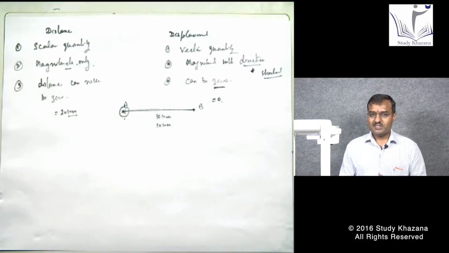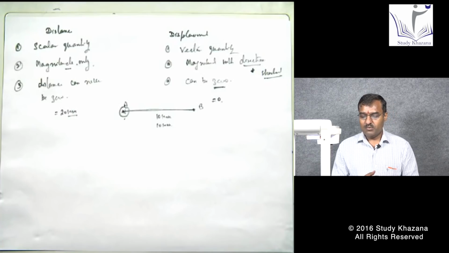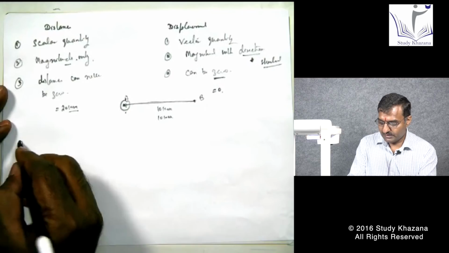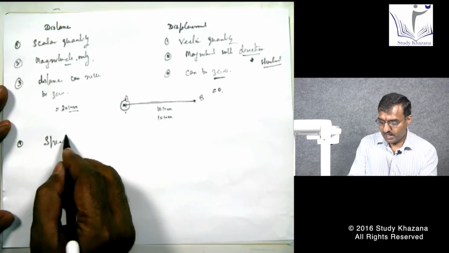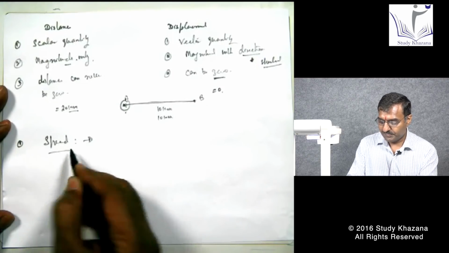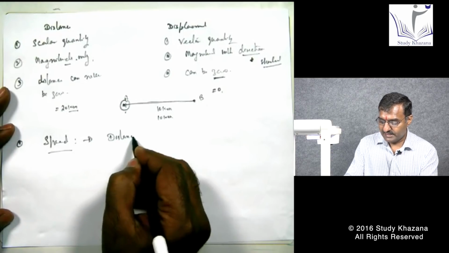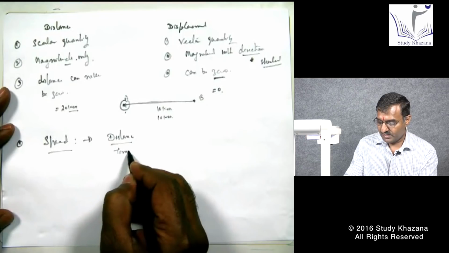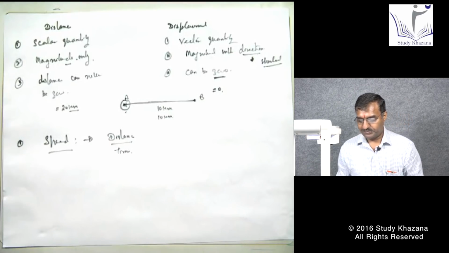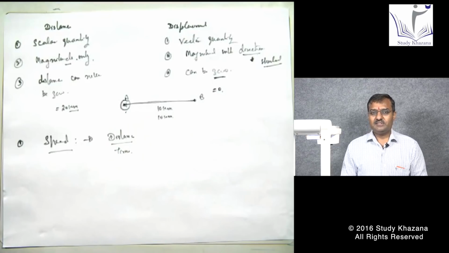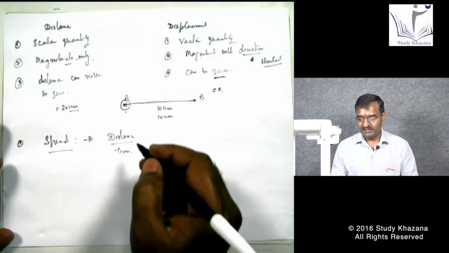Now the next term is how to define speed. Speed is given by a simple formula, distance upon time. We can define speed as the distance traveled by an object in a given time.